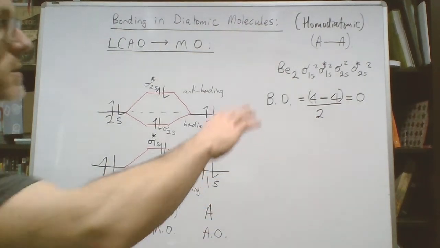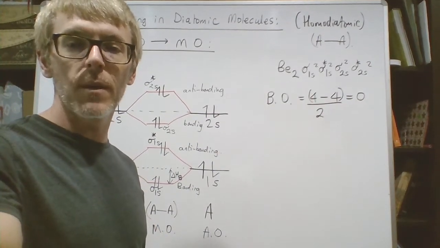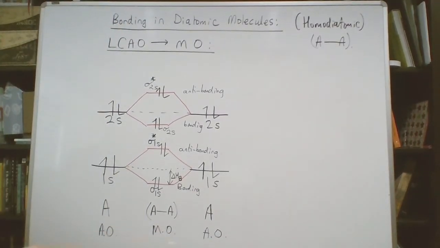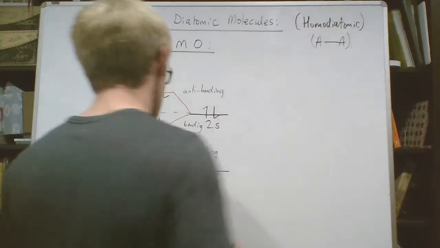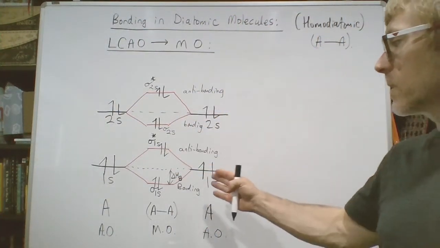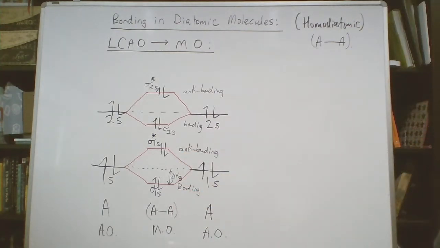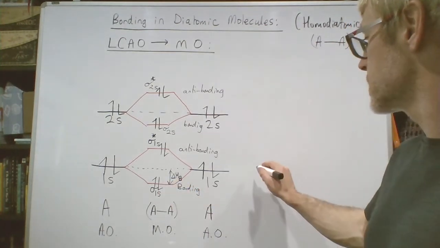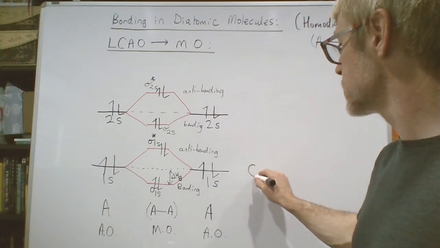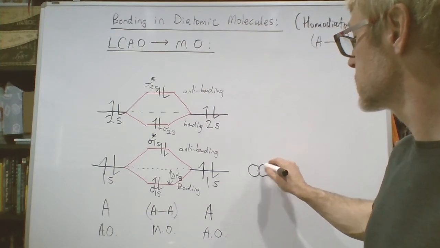So I'll clear this part of the board, and then we'll visualize what these orbitals must do to make these bonding and anti-bonding orbitals. Before we lose this diagram, we want to go in and look at what these orbitals are doing to make the bonding interaction versus the anti-bonding interaction. So we could say that for the sigma 1s orbital, we've got spherically symmetrical s orbitals, and they're interacting like this.